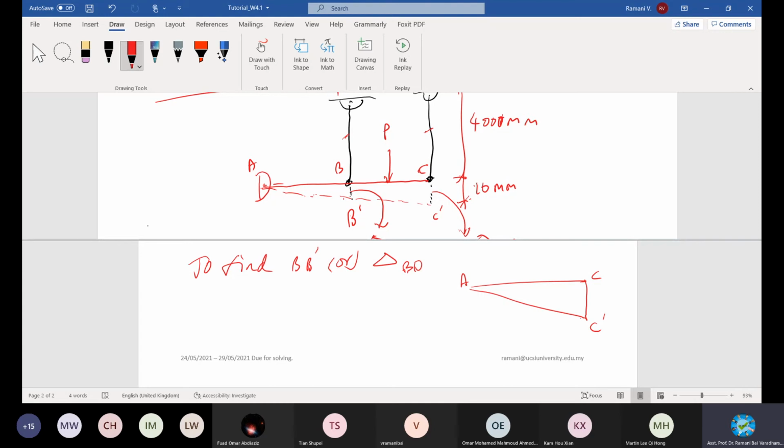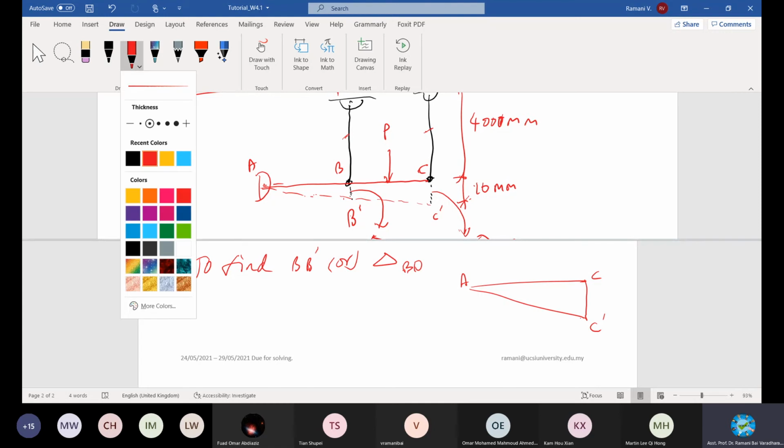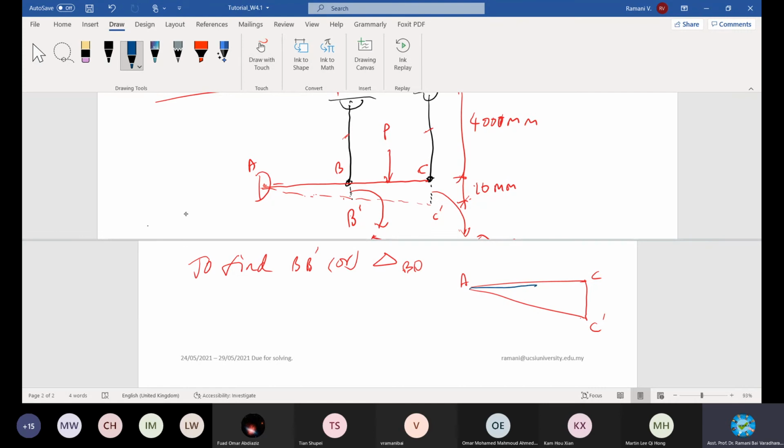There's another triangle, which is this one. I put it inside, in blue color, which is B dash.